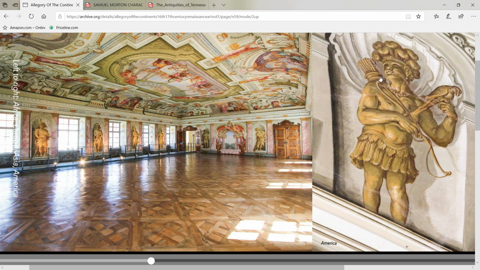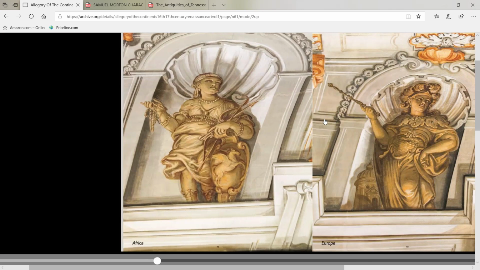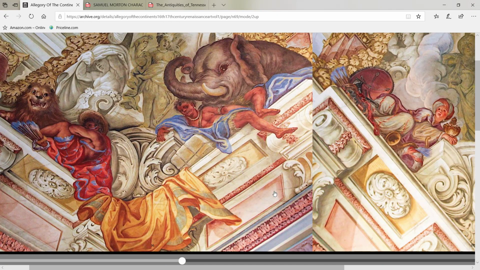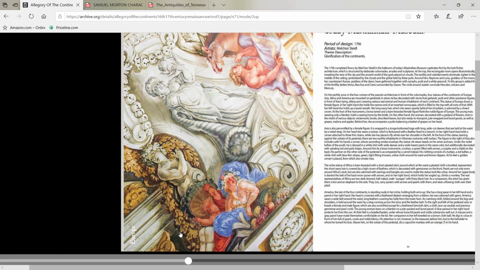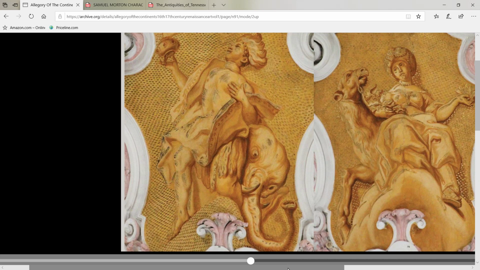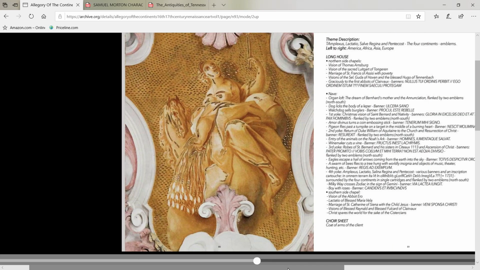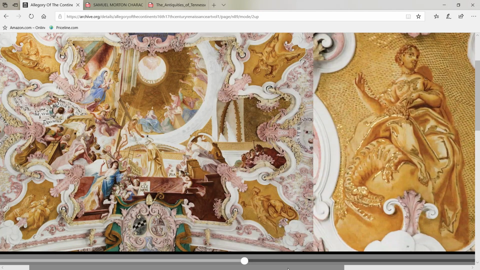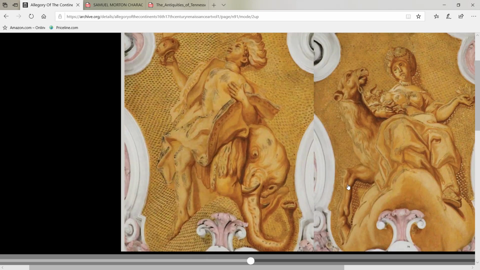America, look. Africa. One of these is America. This is Africa, Asia, and Europe, it says right here. I believe that's America with the alligator. They always show Africa with an elephant, but I could be wrong.